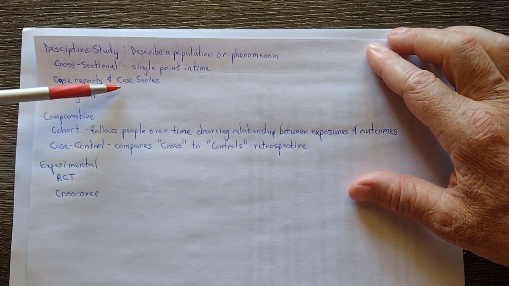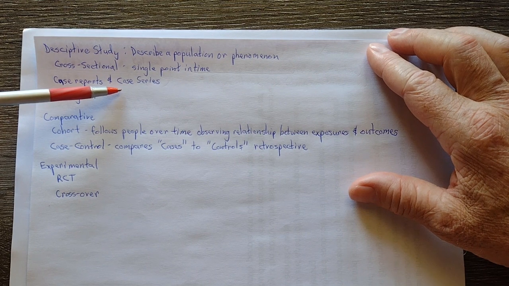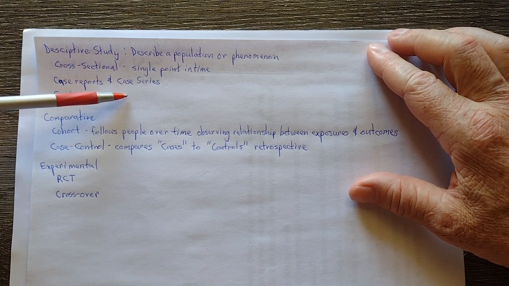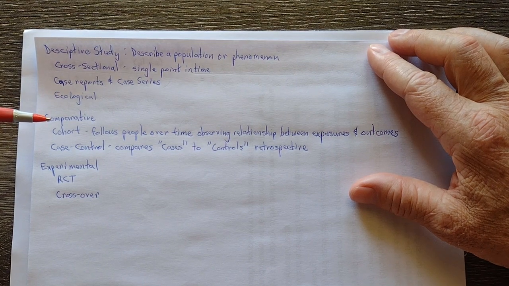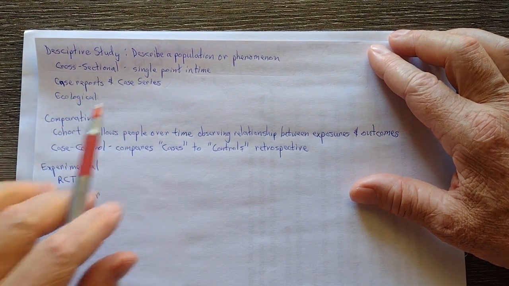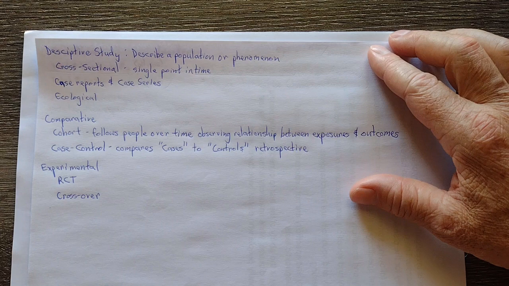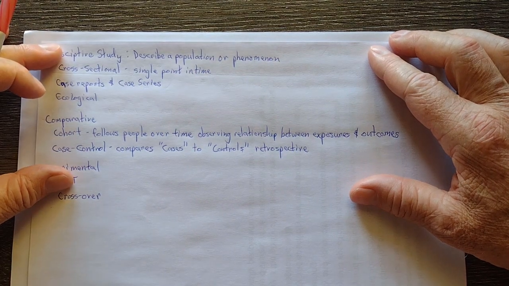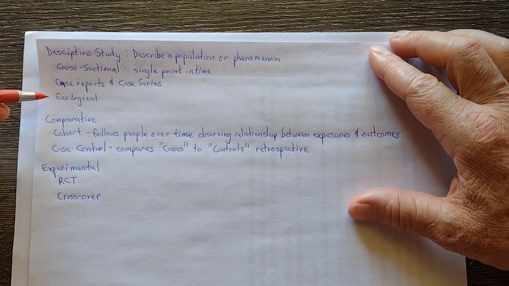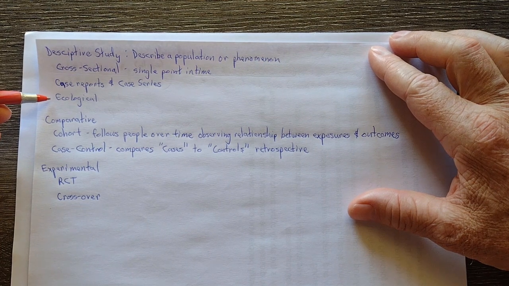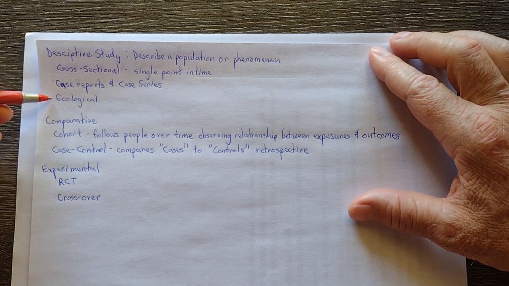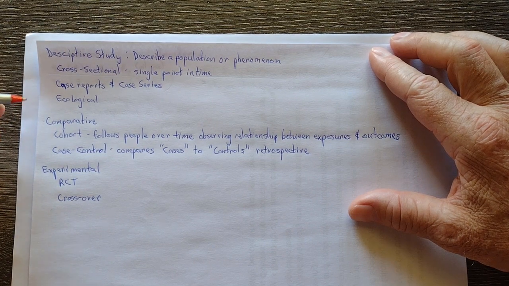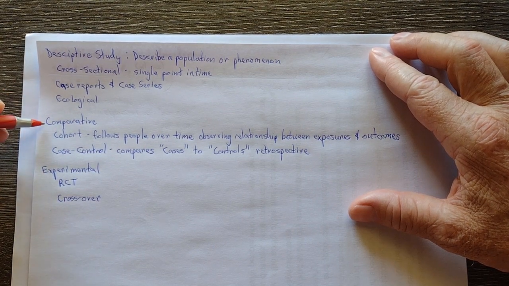And then if we talk about multiple different patients with the same disease, so the first 3 patients that had Ebola, or the three patients that had HIV, then we're now talking about a case series. There's also an ecological, which is a population level, a descriptive study.